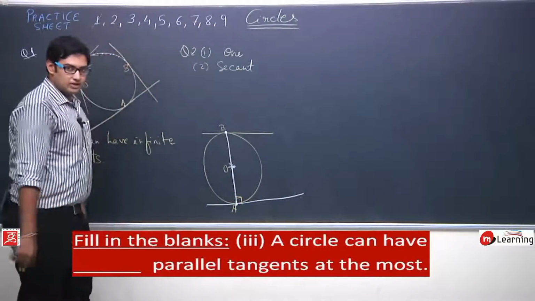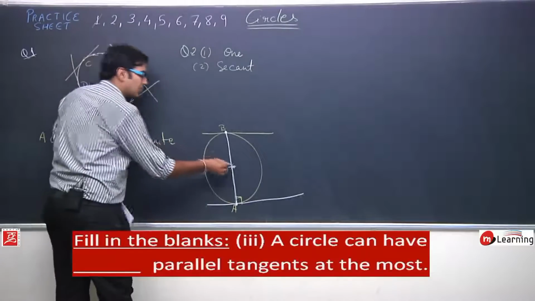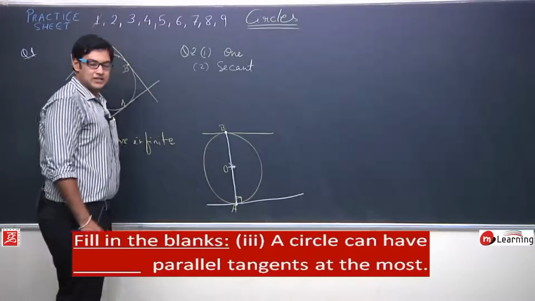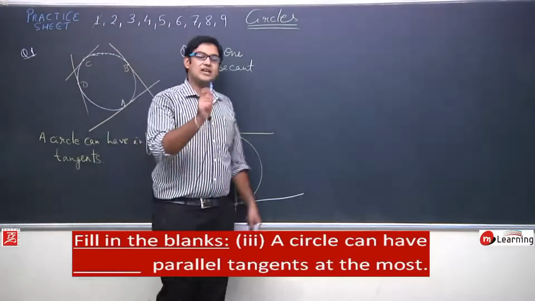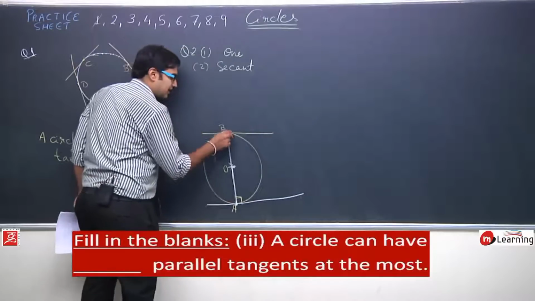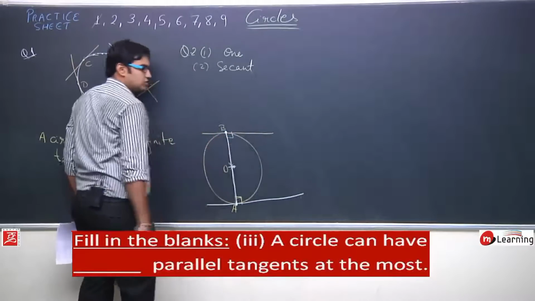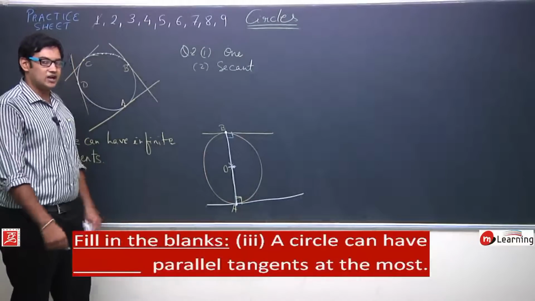Similarly, this OB is the radius of the circle, and B is the point of contact of the circle and the tangent. So this angle is also 90 degrees.